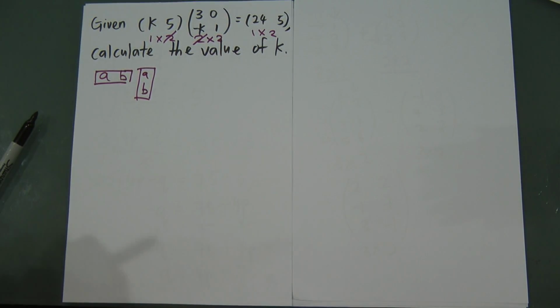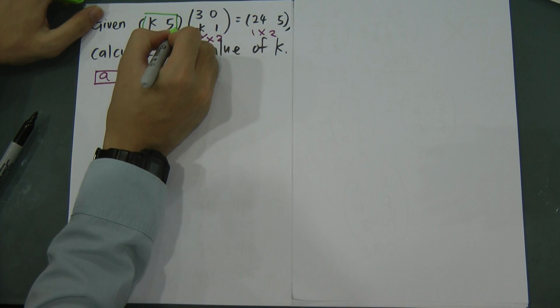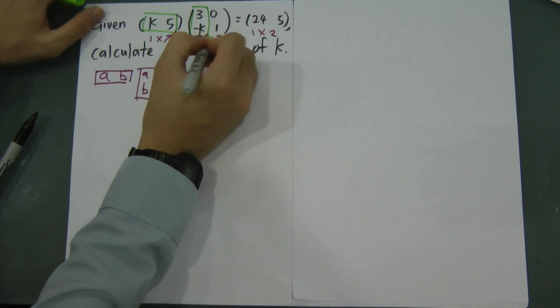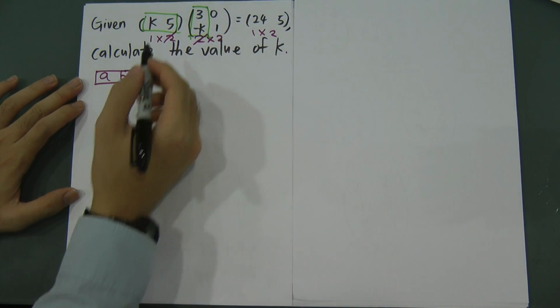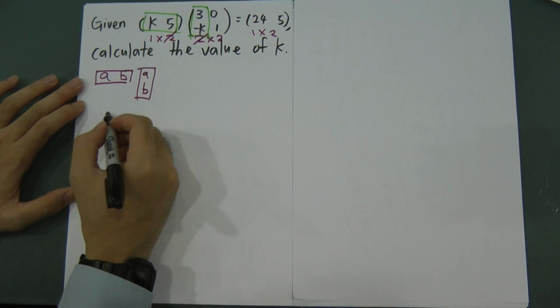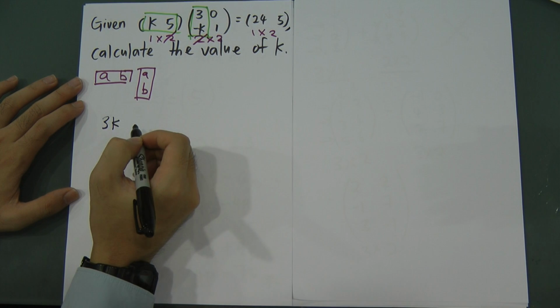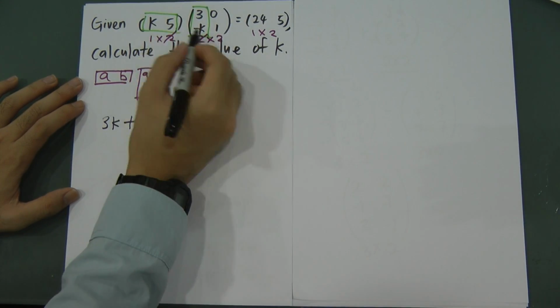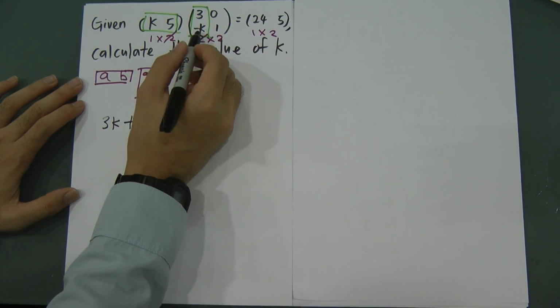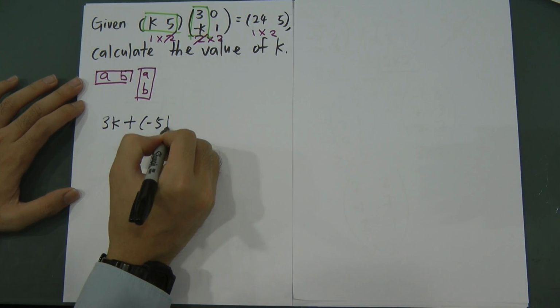Or you can use the second combination, you can get the answer. So let me draw out the horizontal multiple vertical. Let's try the first one. So this one is k multiple 3 is 3k. Plus, I say middle always is plus, right? 5 multiple negative k is negative 5k.